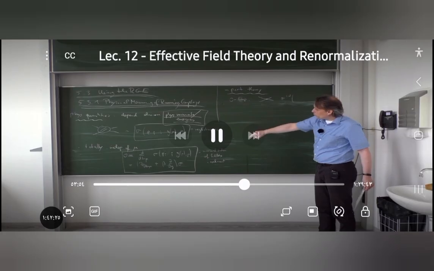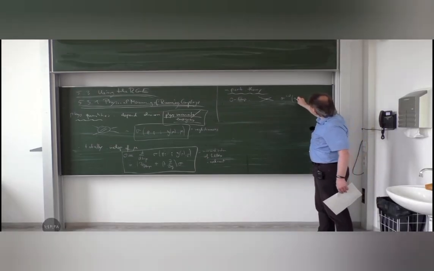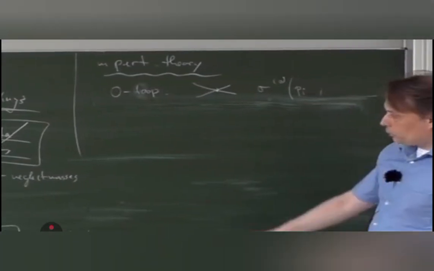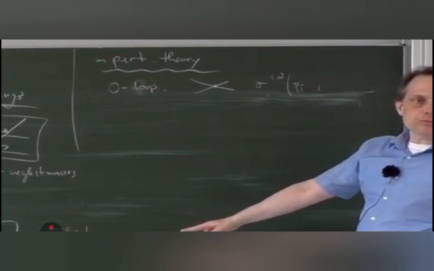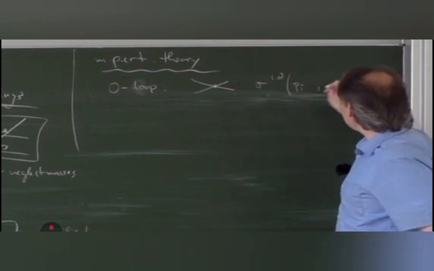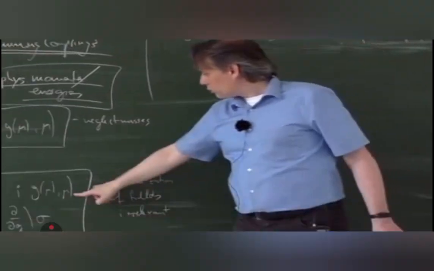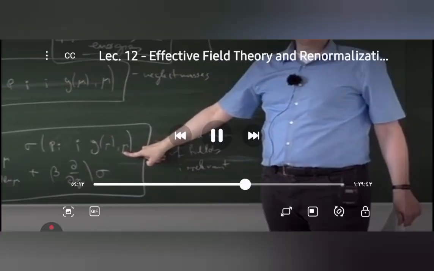It depends on the same set of momenta, p_i. What else can it depend on? It will depend on G of mu, the coupling constant, because that appears in the Feynman rule. But what about the explicit mu dependence?